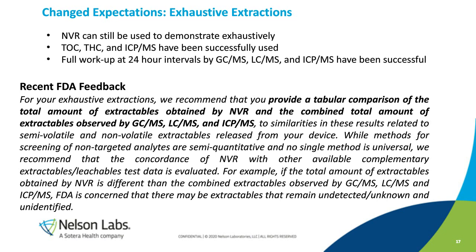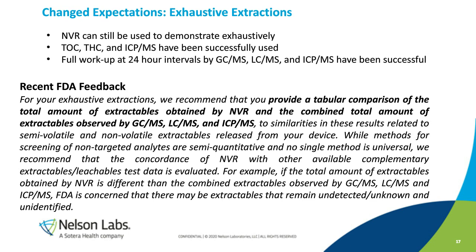One of the comments that we commonly see from the FDA on this, in both the pre-subs and in other feedback, is something like what you see on your screen: we recommend that you provide a tabular comparison of the total amount of extractables obtained by NVR and the combined total amount of extractables observed by GCMS, LCMS, and ICP-MS.